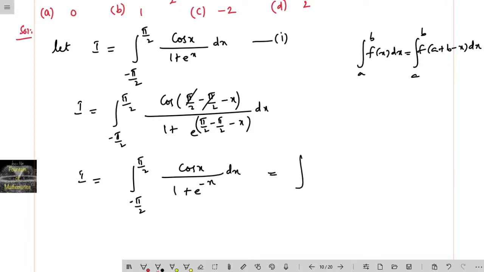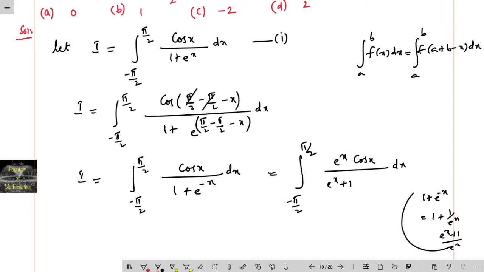So this can be written as the integral of cos x times e^x, by simplifying, divided by e^x + 1. Let me write here: 1 + e^(−x) is nothing but 1 + 1/e^x, which is (e^x + 1)/e^x. So this simplification I have done here.